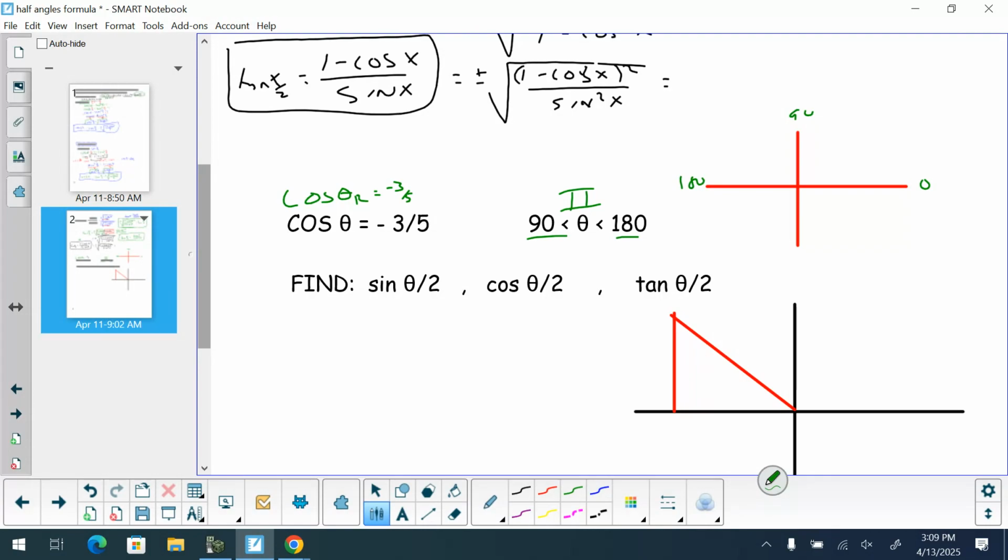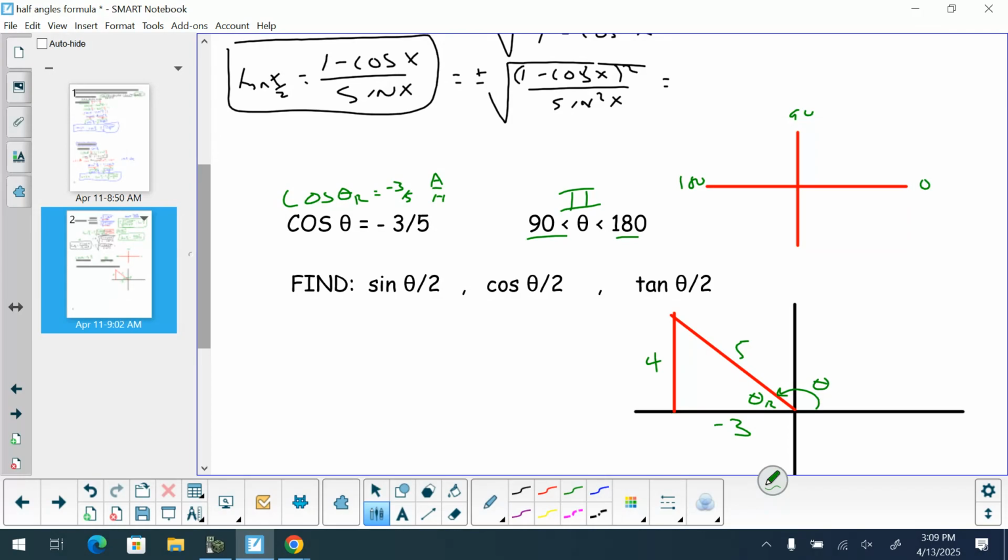Cosine of theta is negative 3 over 5. So if I look at my triangle, I have negative 3, which is my adjacent. My hypotenuse would be a value of 5. Here's my angle theta. This is my theta reference. And hopefully we know by now our opposite side is a value of 4. Once again, I'll try to keep them to 3, 4, 5 triangles or 5, 12, 13s.